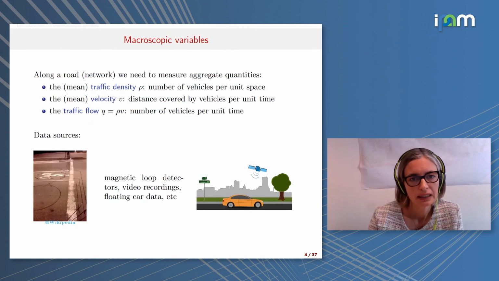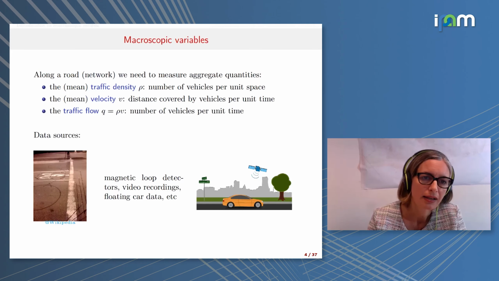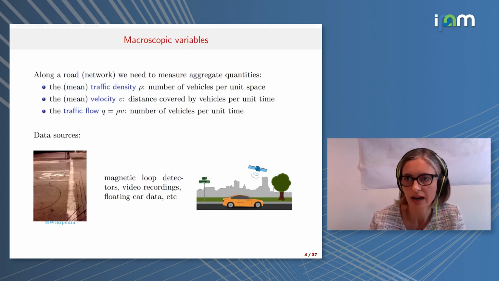As I was anticipating, what we are interested in are not the single car trajectories, but some averaged, aggregate quantities, like the traffic density, which can be seen as the number of vehicles per unit space. So how many vehicles are in, for example, 1 mile or 1 kilometer for us in Europe. And the mean velocity, so the distance covered by vehicles in unit time. Again, these are averaged quantities.